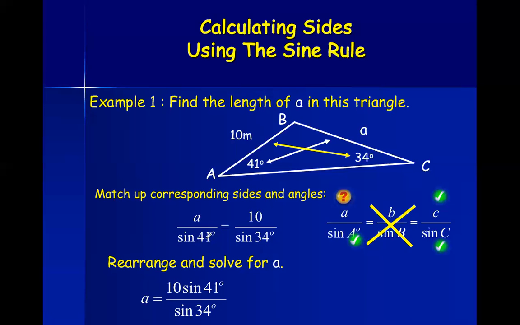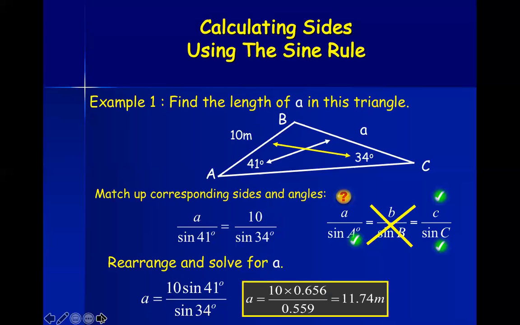When you type it on your calculator, you get a value. So to get rid of that value, you need to times by that value on both sides. And then you end up with 10 sine 41 divided by sine 34. You plug that in your calculator, and that is 10 times 0.656 divided by 0.559. With 2 decimal places, you get 11.74 meters.